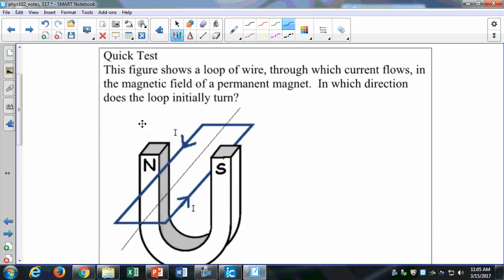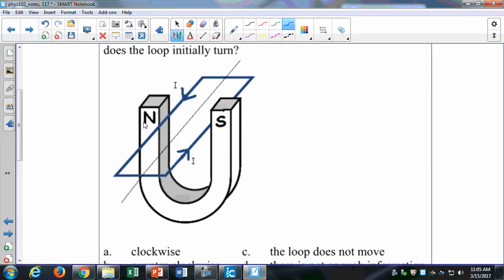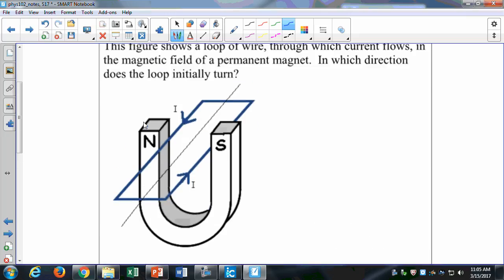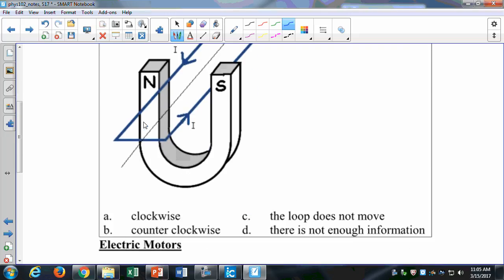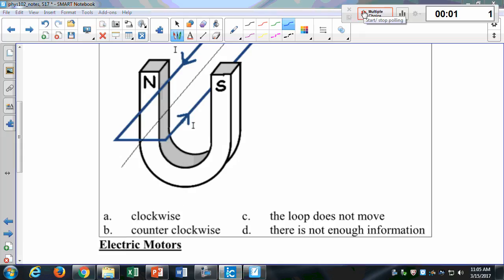Let's try this quick test, and I have a little video I want to show you. I want to know in which direction does the loop initially turn. So you have this loop inside of a magnetic field, and I want to know which direction does the loop turn, at least initially, and then we'll talk about what happens after that initial turn.